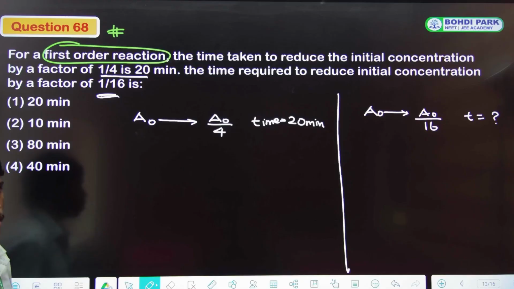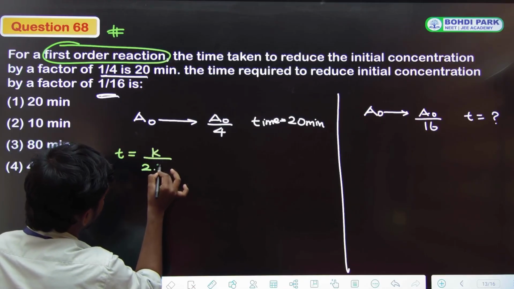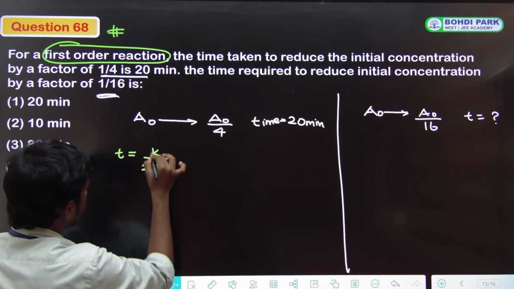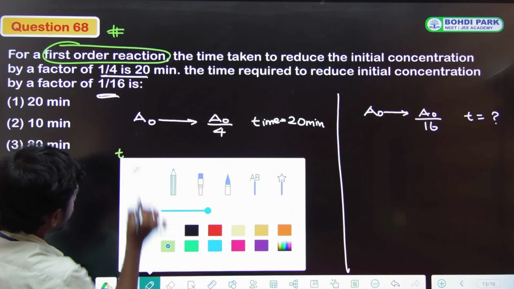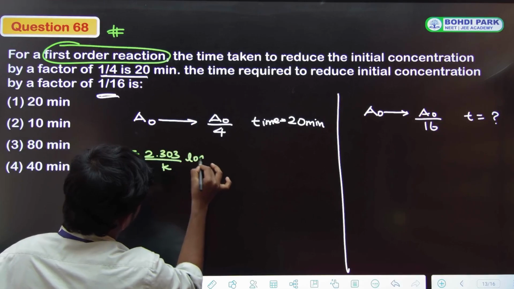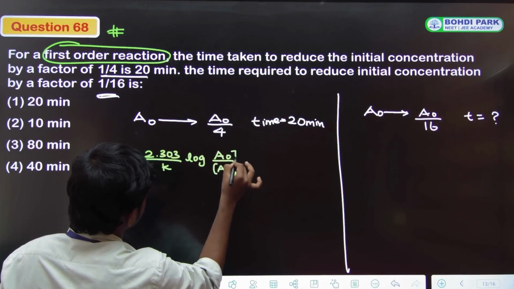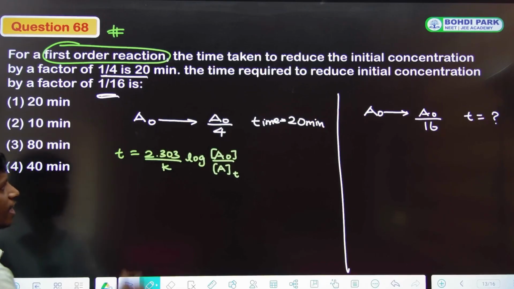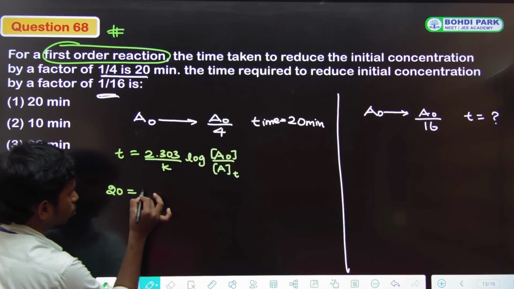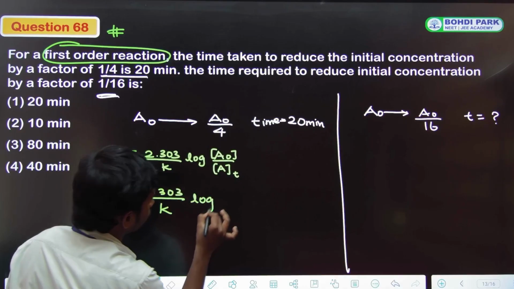So the first order reaction rate formula is t is equal to 2.303 by K log of A naught divided by A at time t. Time 20 minutes is given. 20 is equal to 2.303 divided by K log of A naught.